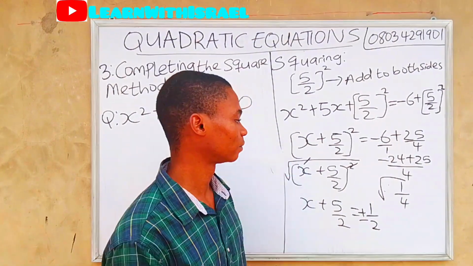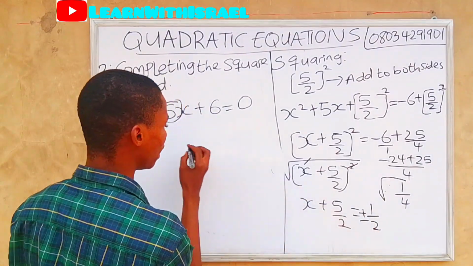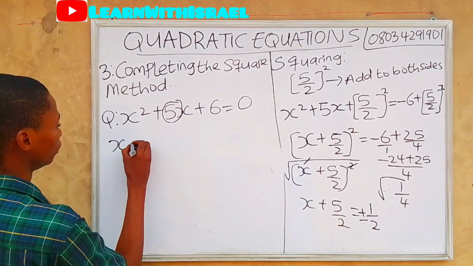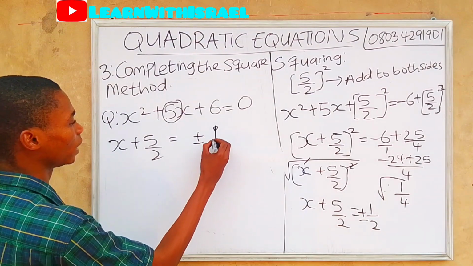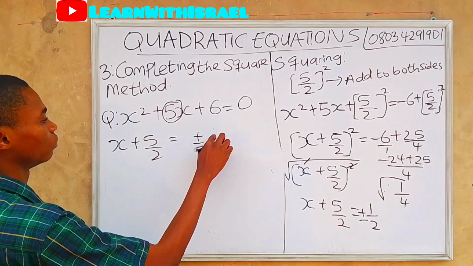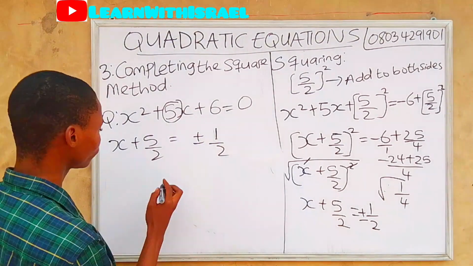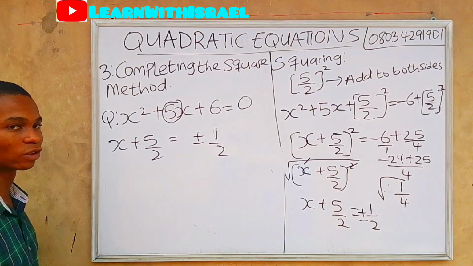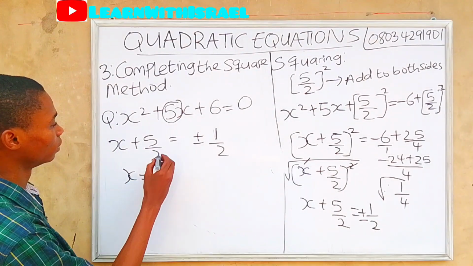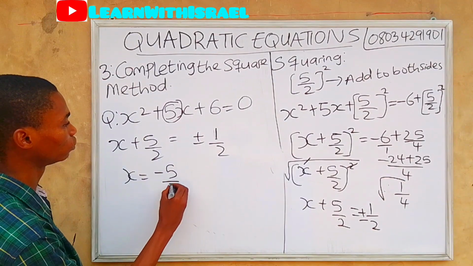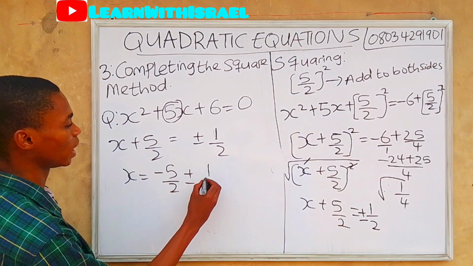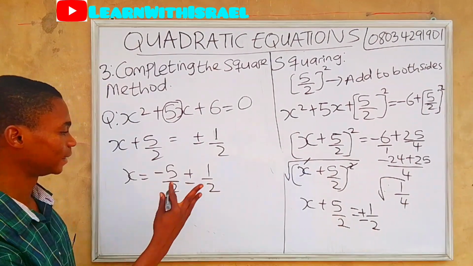Take note of that. So x plus 5 all over 2 equals plus or minus 1 all over 2. So let's make x the subject of the formula. x equals minus 5 all over 2 plus or minus 1 over 2. Let's separate.